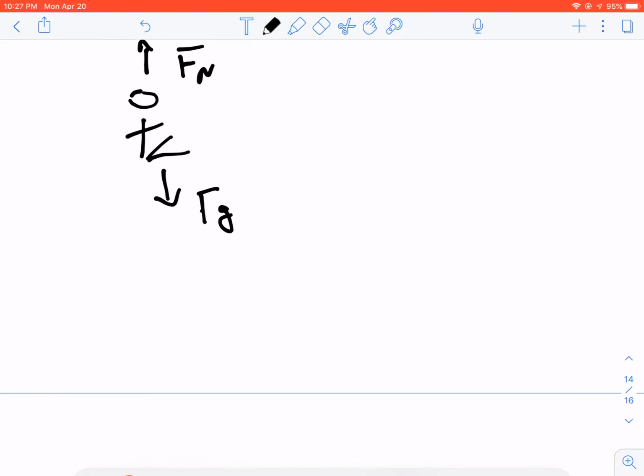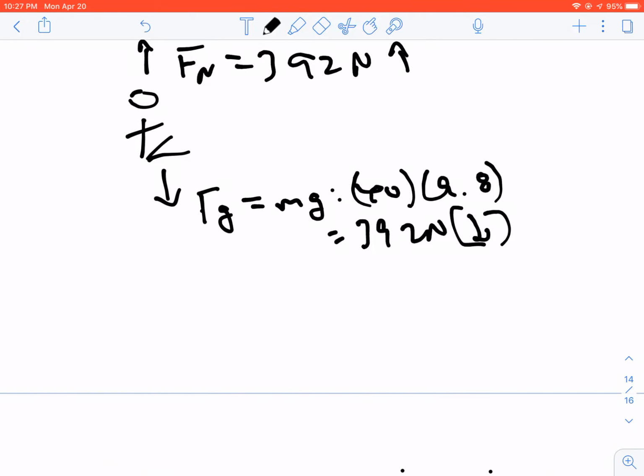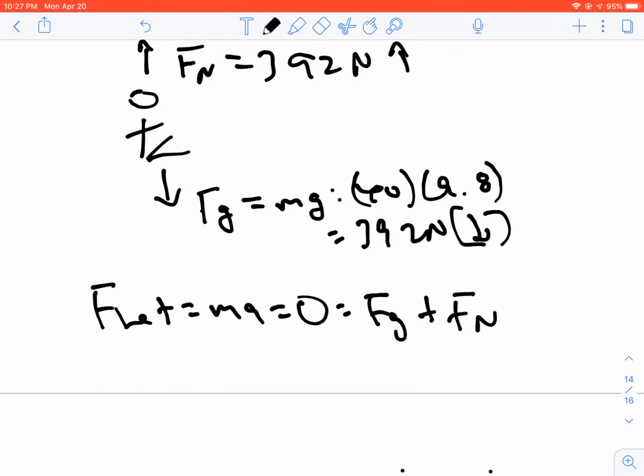Now, I know that Fg for this 40 kilogram person is 392 newtons down. So therefore, my normal force has to be equal to that. Because I know that F net, which equals ma, which equals 0, because acceleration is 0, is equal to Fg plus Fn.